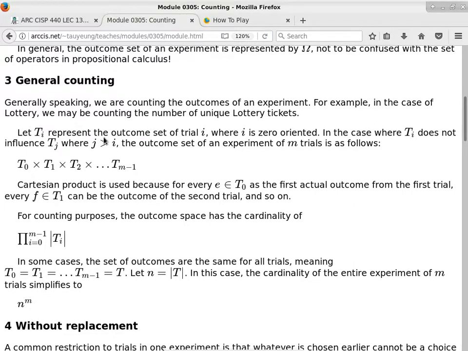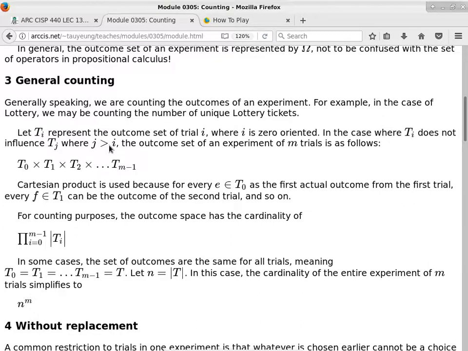Okay? So if I use T subscript i to represent the outcome set of a single trial i, where i is 0 oriented, so the first trial is T0. So in that case, where Ti does not influence Tj, where j is greater than i. In other words, one trial does not affect the other trials.